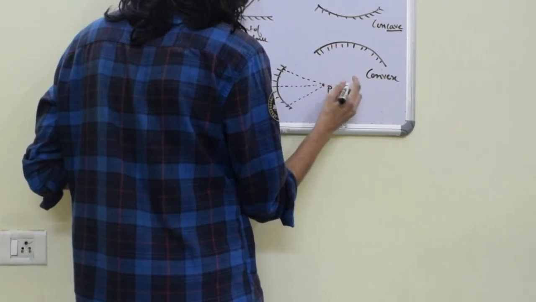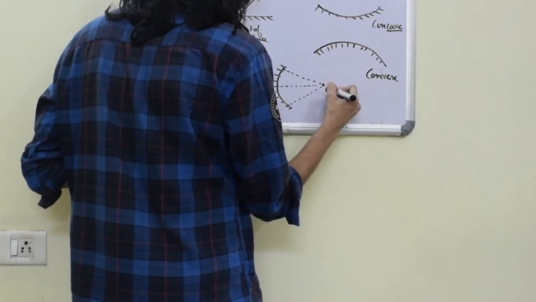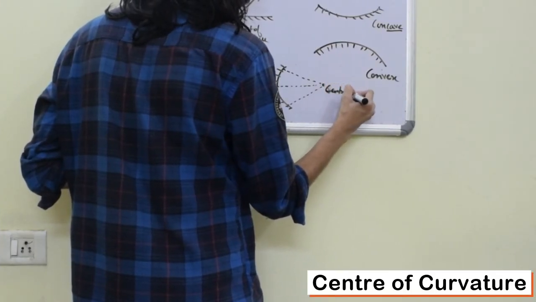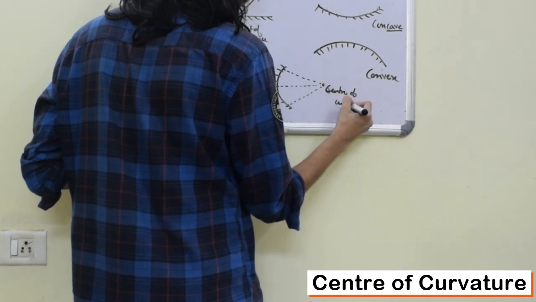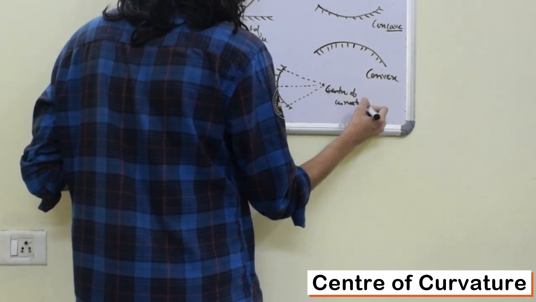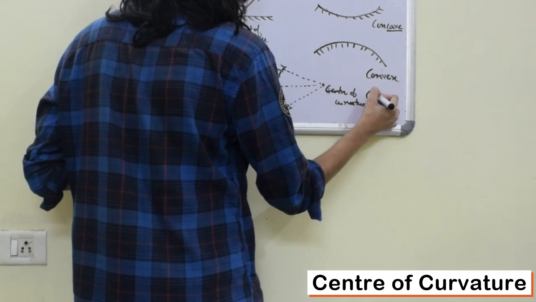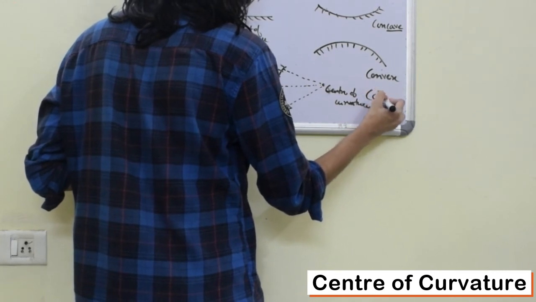This point is nothing but what we call the center of curvature, or simply in short we call it capital C.